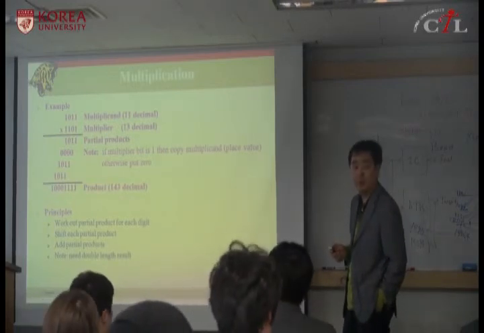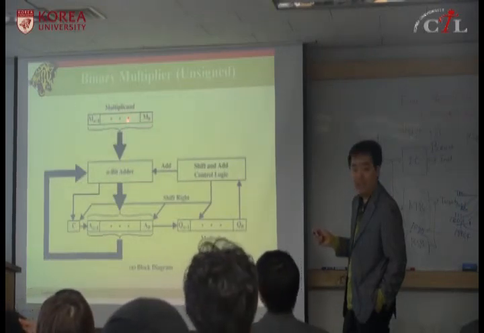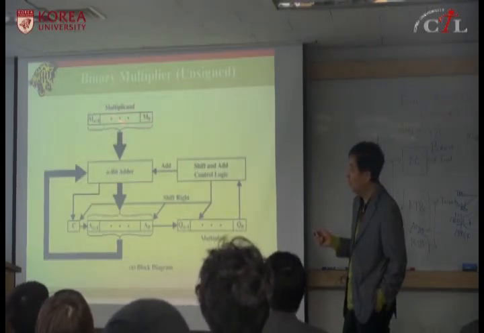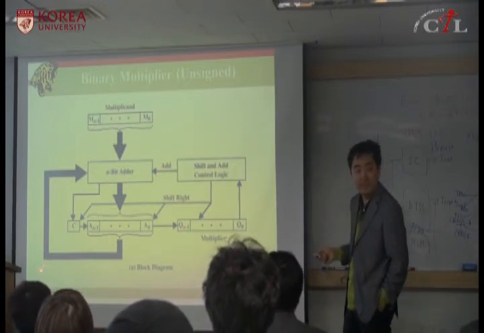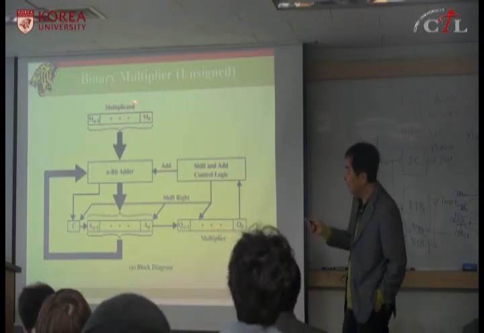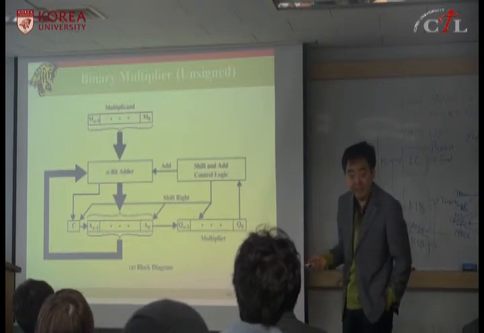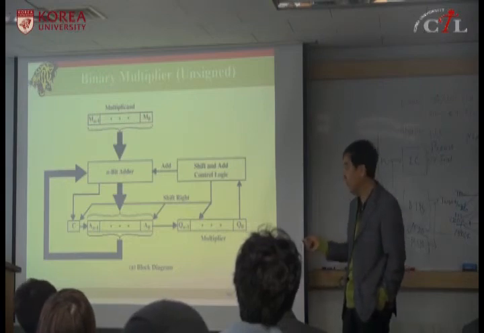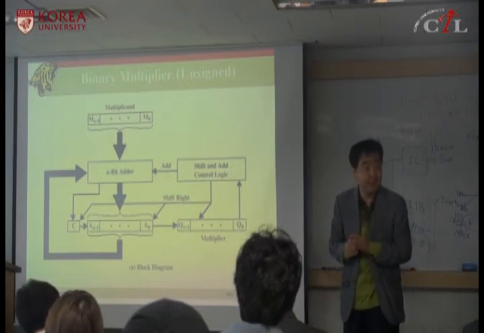So you put the multiplicand in the M register, you put your multiplier in the Q register, and by looking at Q0, you can add this multiplicand to your accumulator or do nothing, step by step. And every time you do a shift right so that you examine the next digit.